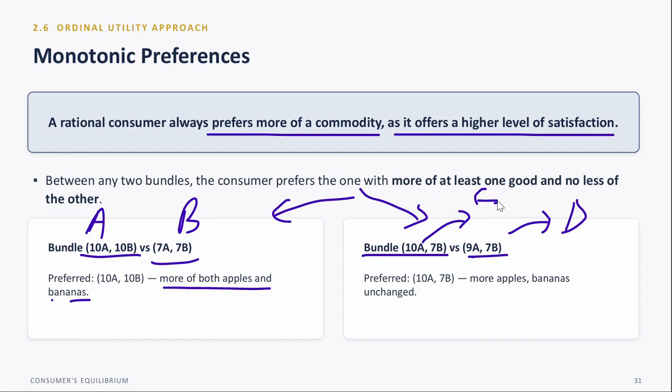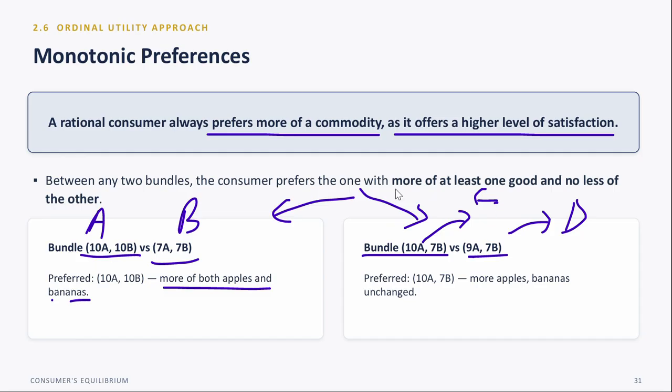Only there are more apples in bundle C. So therefore, the consumer is going to prefer bundle C over bundle D because it is going to give the consumer more satisfaction. So between any two bundles, the consumer prefers the one with more of at least one good and no less of the other. So here we had 7 bananas and 7 bananas, right? So that was equal, right? So only the amount of apples was different in both of these bundles.